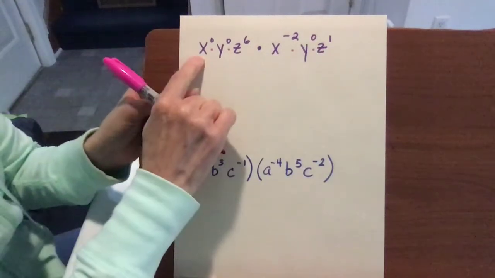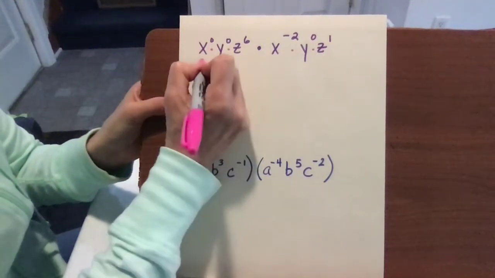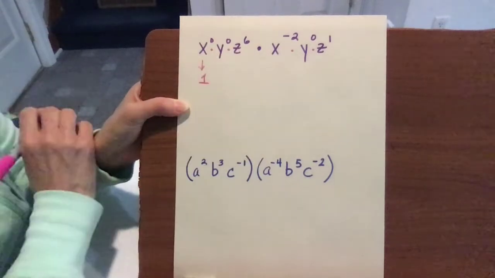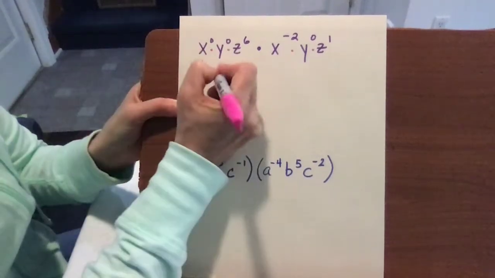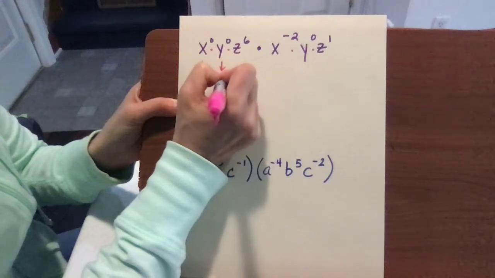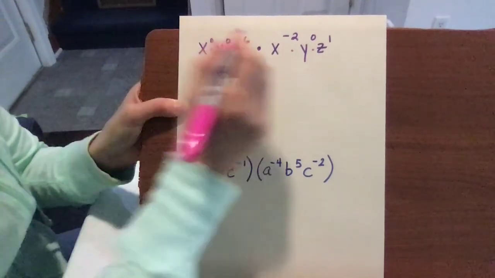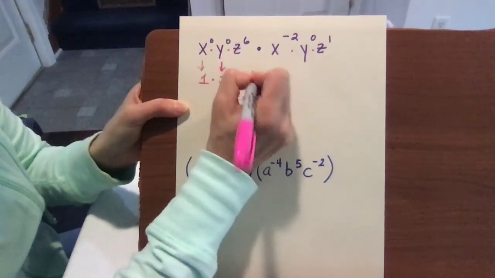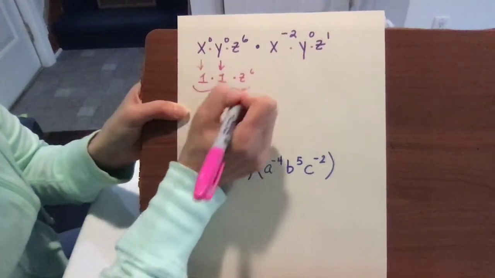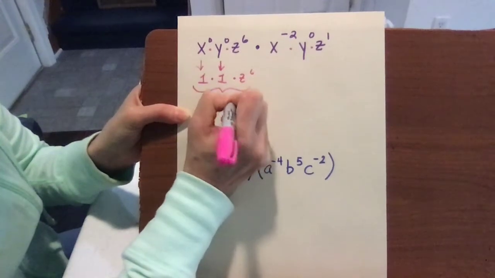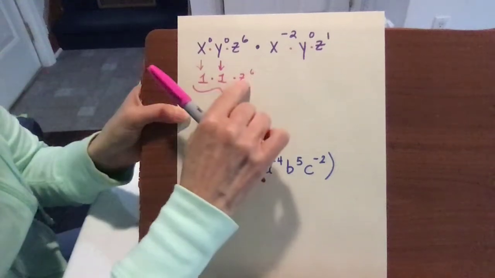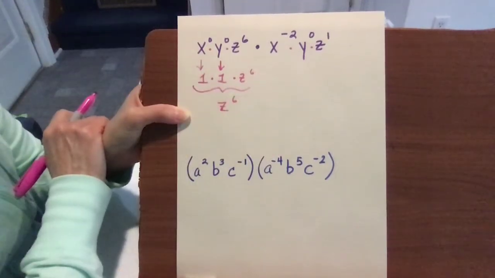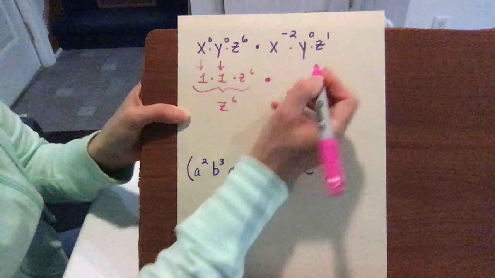Okay, so we're going to start. X to the 0 power, that's 1, times y to the 0 power. Well, that's 1. So now I have 1 times 1, times z to the 6th. So z to the 6th comes down, because 1 times z to the 6th is z to the 6th. Now, let's deal with this.